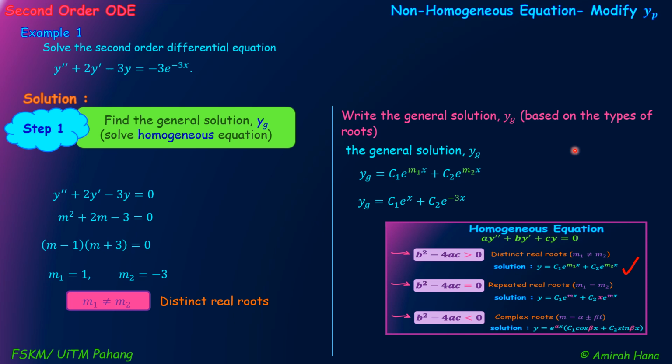So we got YG equals to C1e^x plus C2e^(-3x). Okay, this is our YG. So up to this point, we done step 1. Find the general solution YG, right?